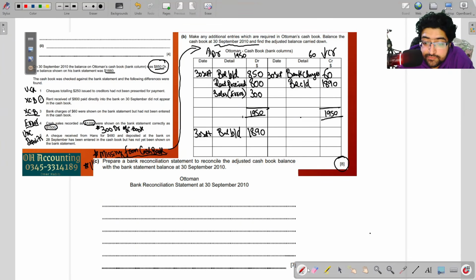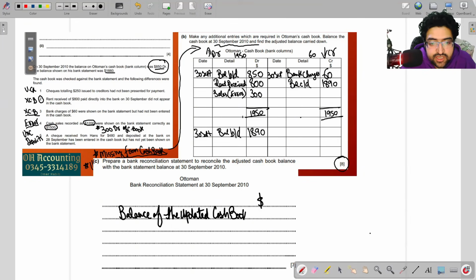Now, how do we start the bank reconciliation statement? We start with the balance of the updated cash book, which we have just figured out as 1890.